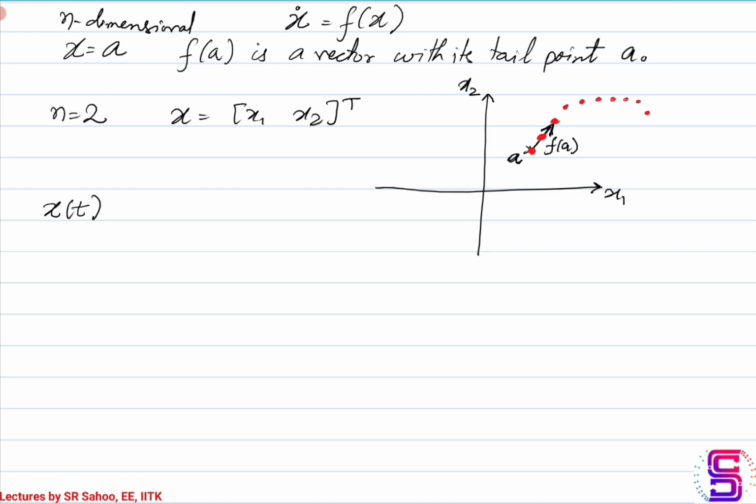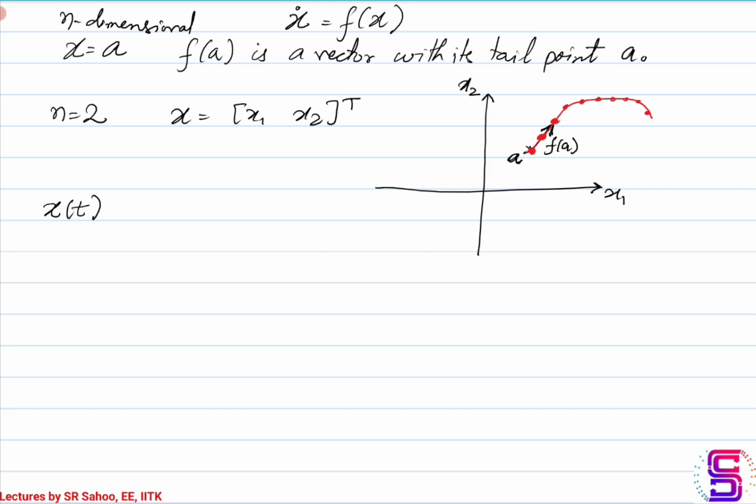So essentially what x of t represents is, if you remove the t part and you have the collection of the points through which this line, or the solution that you see, is going to pass, then you are getting a locus on the state space.